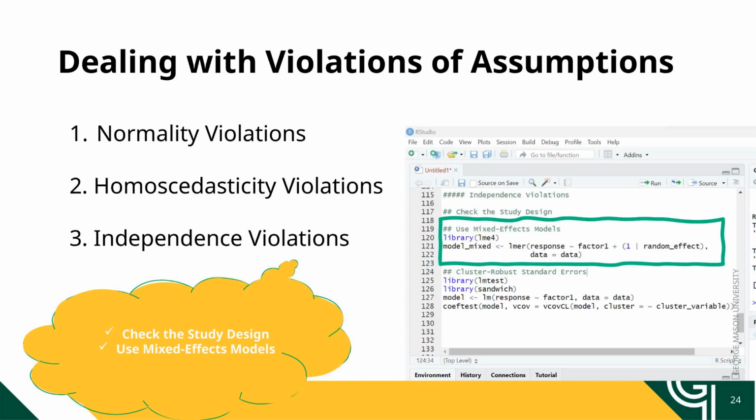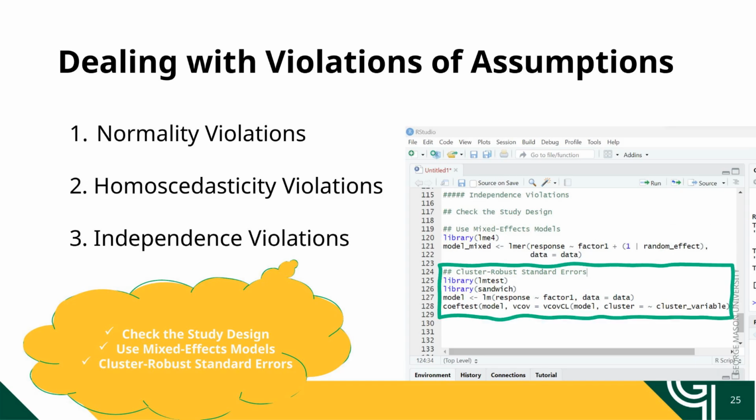When independence cannot be assumed, like with repeated measures or clustered data, a mixed effects model allows you to account for the dependence among observations. If observations are clustered, cluster-robust standard errors can correct for the potential non-independence within clusters. If you're analyzing test scores of students within different schools, using cluster-robust standard errors can account for the fact that students within the same school may have correlated scores.